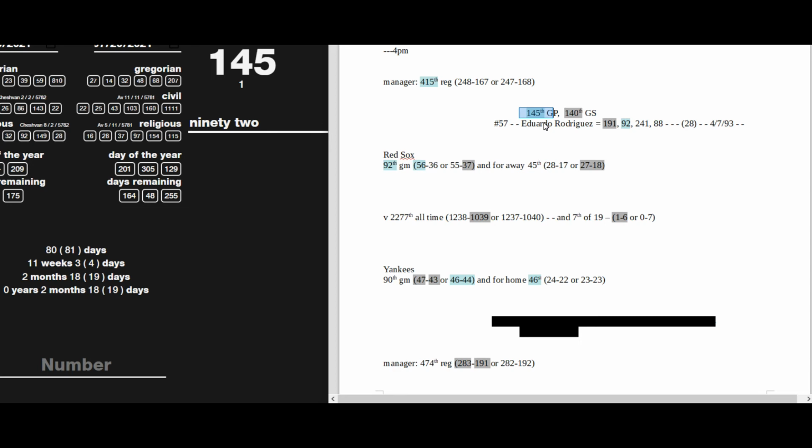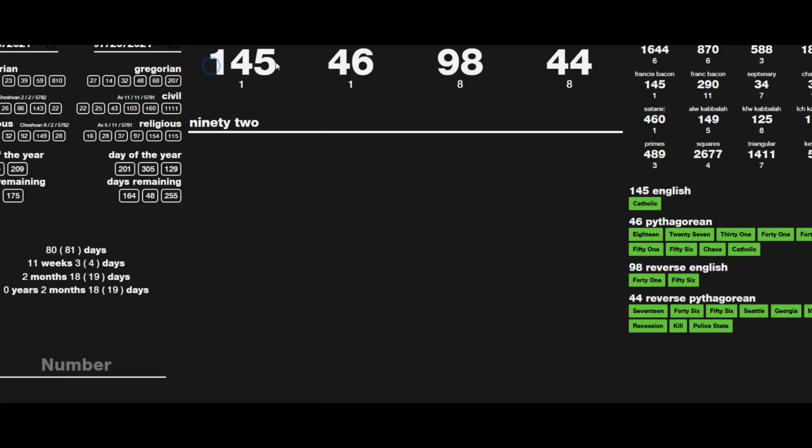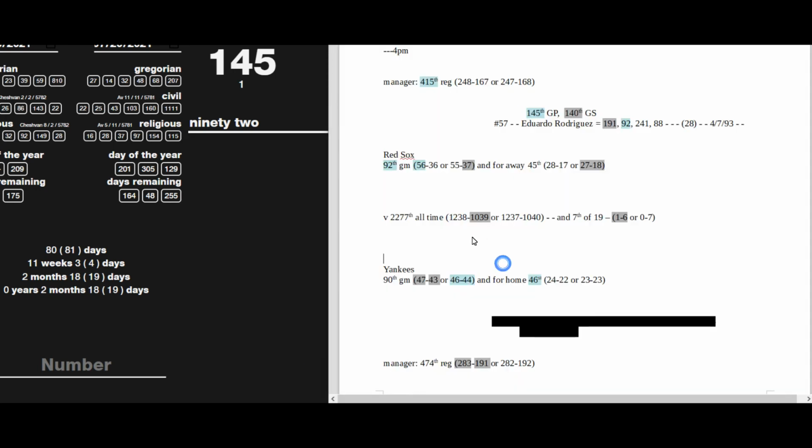92 sums to 145. And the Red Sox manager, this is his 415th regular season game for his career. 415 is just an anagram of 145. The thing about 92 is it also sums to 46 and 44. And the Yankees can become 46-44 for a season record with the loss, this being the Yankees' 46th home game.